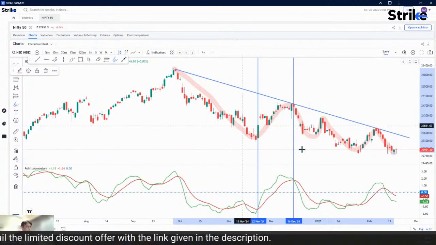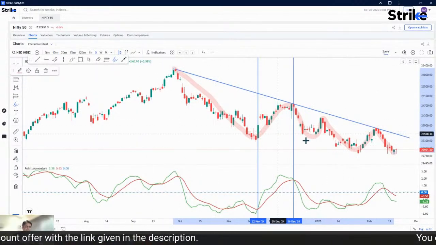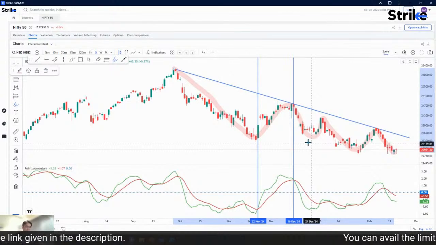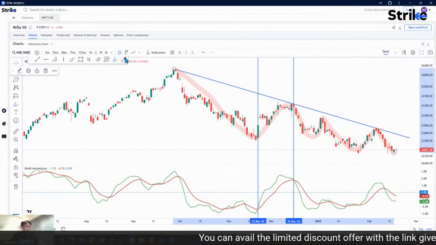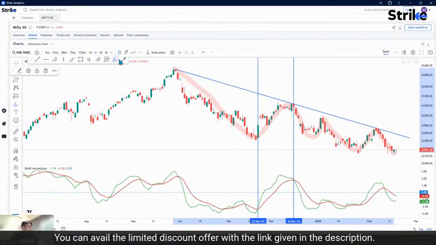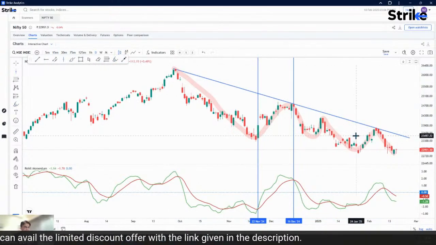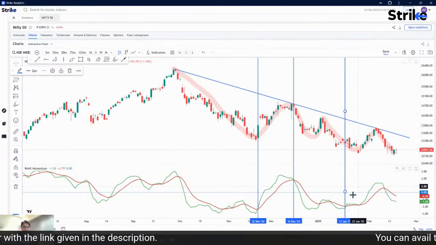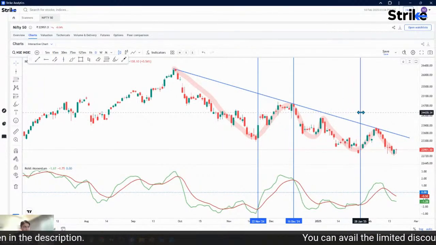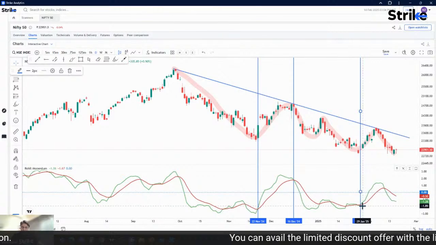So right now you can see that Nifty trend is down only. And when the Nifty trend is down, this new buy signal that gets generated may not be as effective.